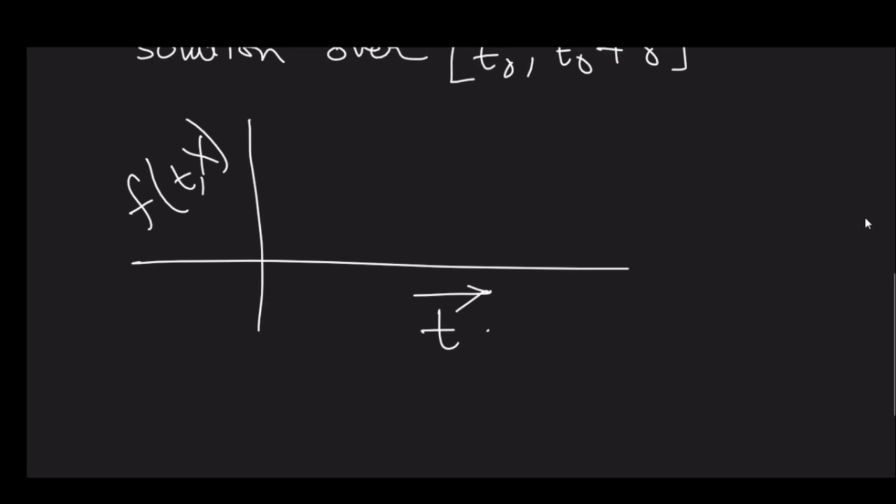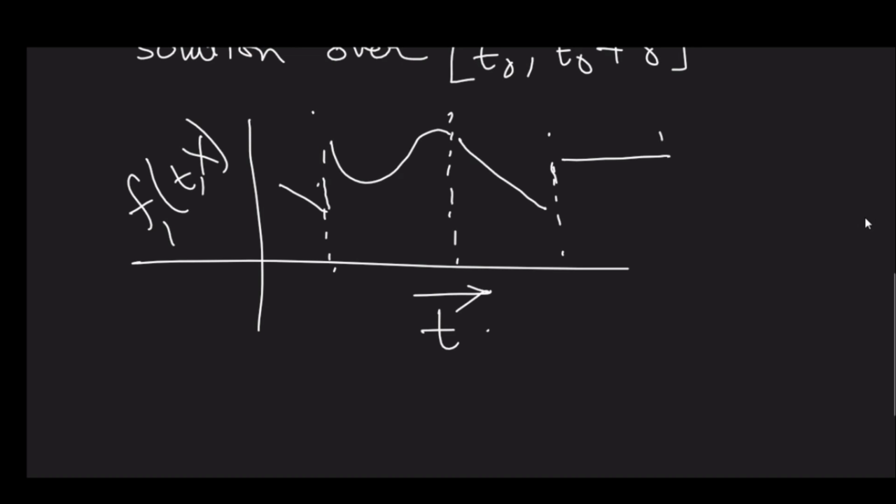How to draw the piecewise continuous variation? Say f1 of t. So you can see that these are the different regions where the function has continuous value.